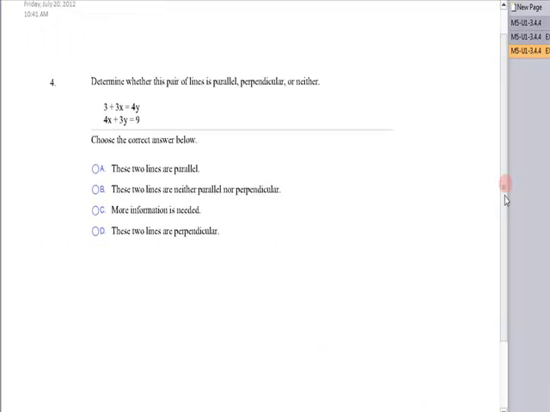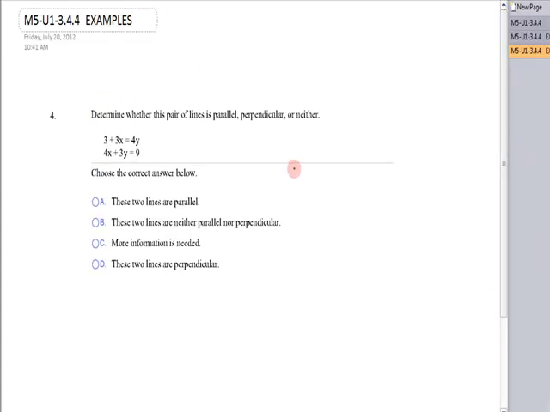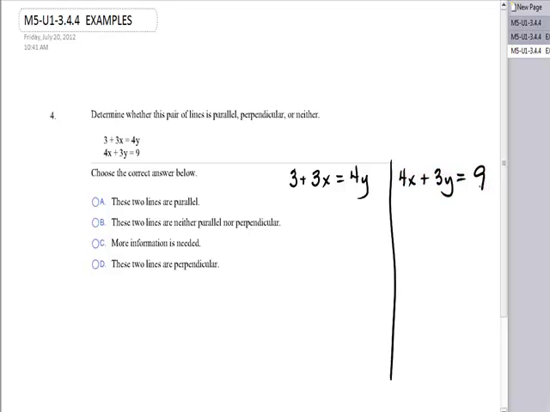Let's look at our last one. I think this is our last one. I have 3 plus 3x is equal to 4y. And I have 4x plus 3y is equal to 9. Let's get them both solved for y. I'm going to turn this equation around. 4y is equal to 3x plus 3.